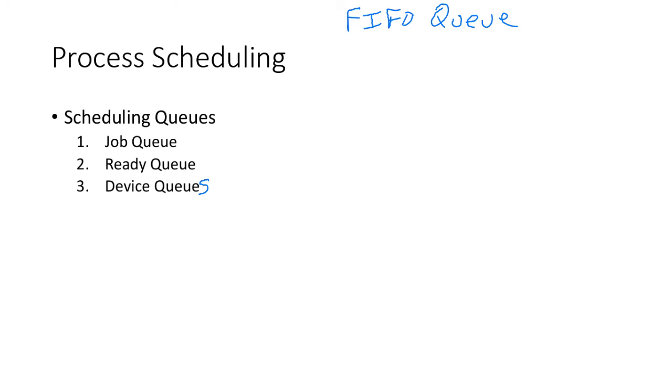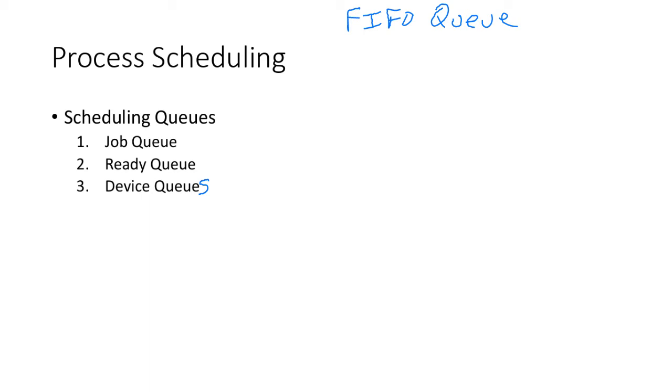The scheduling queues we have could be a FIFO, first in, first out. That's what FIFO means, if you hadn't known it already. That could be the data structure for that particular scheduling queue.